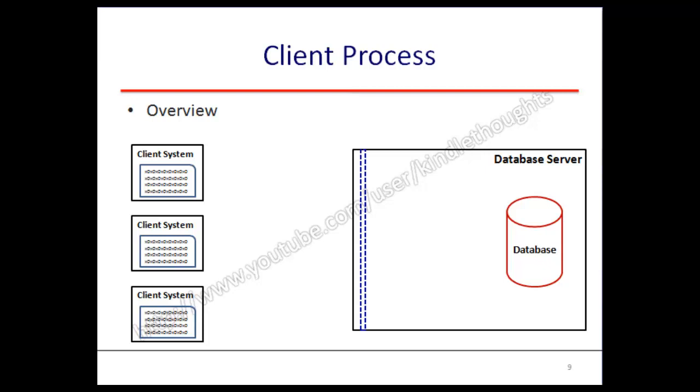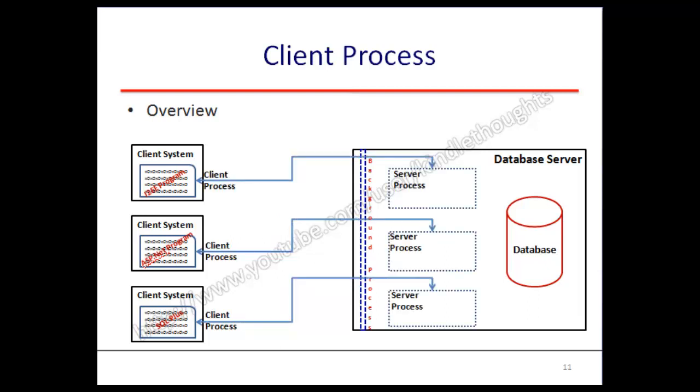Just to make things simpler, in this diagram you can see that there are three different types of client systems, and then there is a database server. So your system could be running any kinds of programs. There are some background processes which are available on the server. This is something that we would cover a little later in detail.